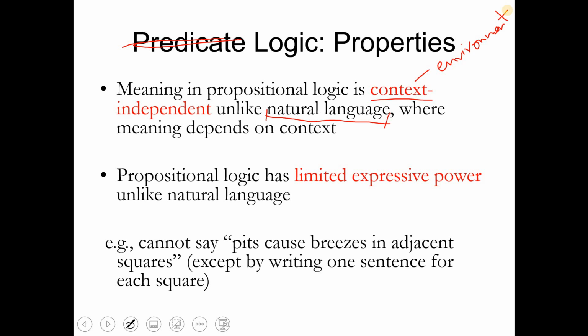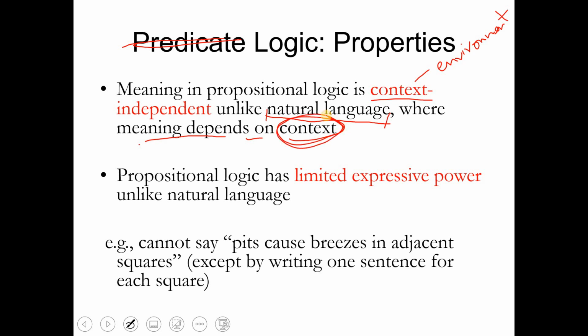You say something in a good manner, or in a bad manner, that will change the meaning of the sentence. The same sentence, expressed in two different tones, will have a different meaning. So the meaning of a sentence in natural language depends on context, the environment, on other things, not only on the language.